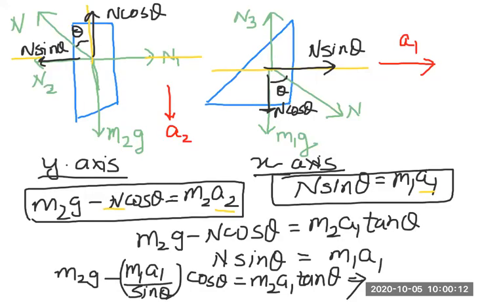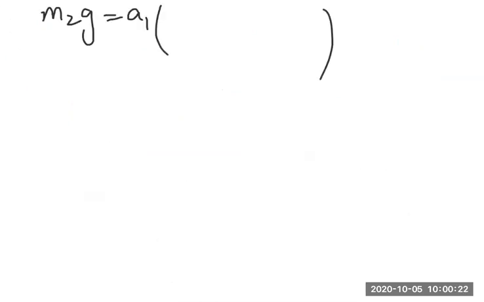I'll get M2G is equal to A1, and what will come in the bracket? In the bracket will come M1 cot theta plus M2 tan theta.